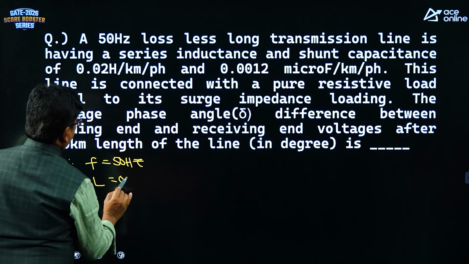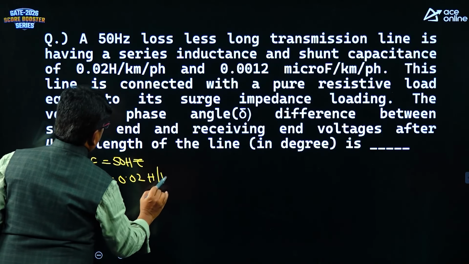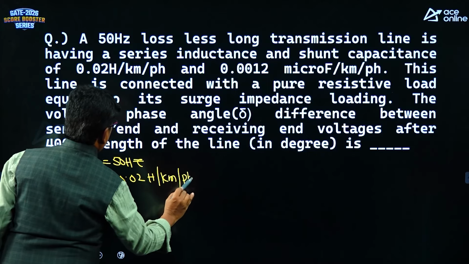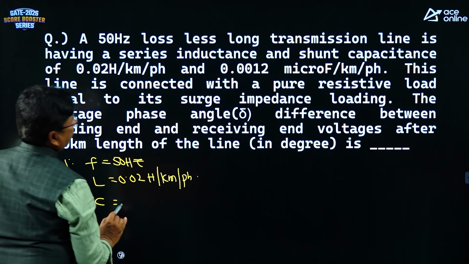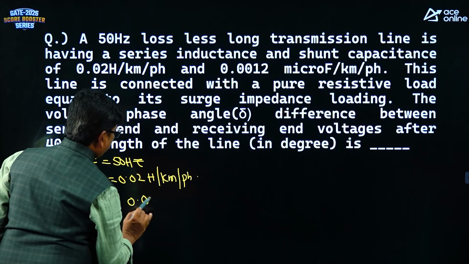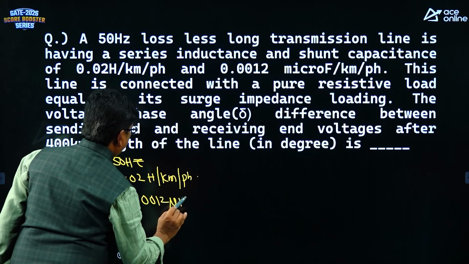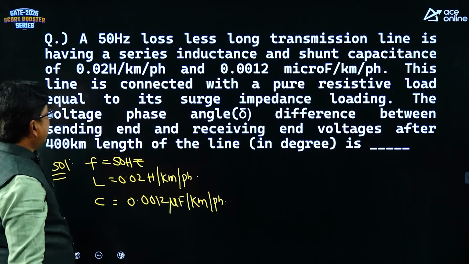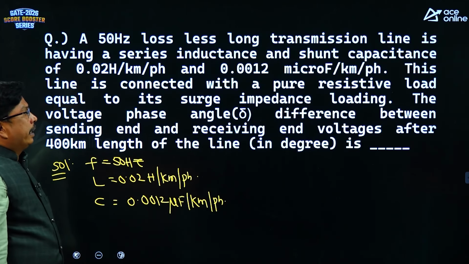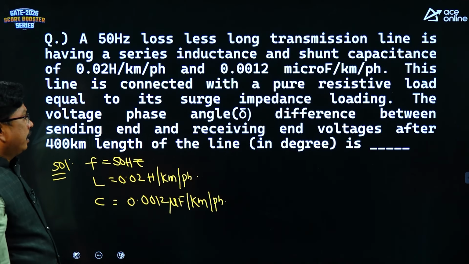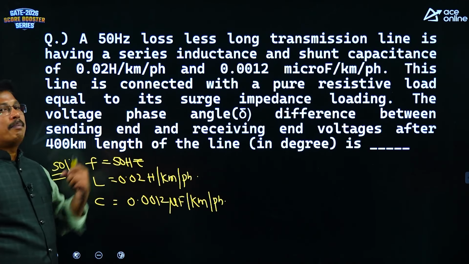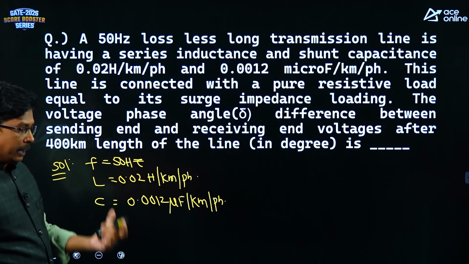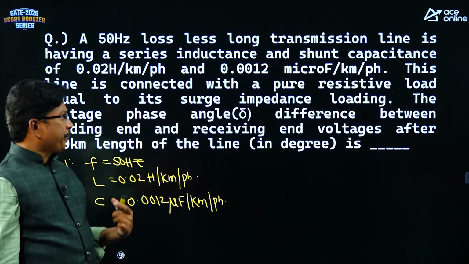Inductance is given 0.02 Henry per kilometer per phase. And capacitance is given 0.0012 microfarad per kilometer per phase. This line is connected with a pure resistive load, which is equal to the surge impedance loading. So that line is loaded with the surge impedance loading.